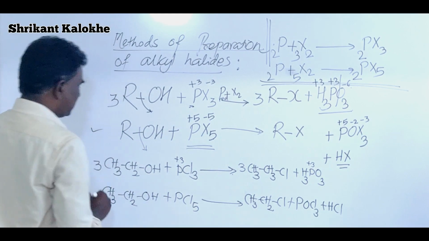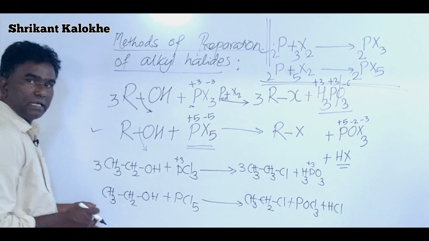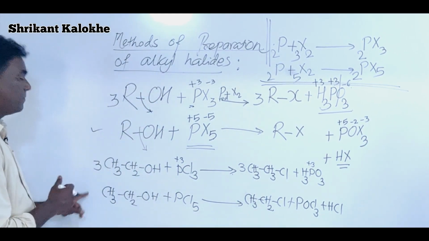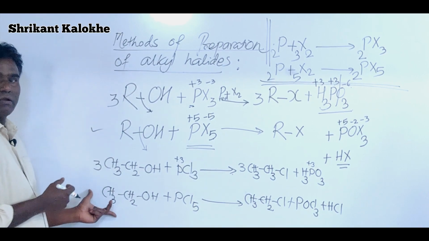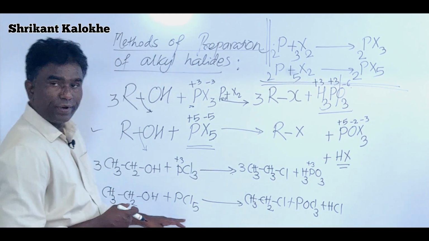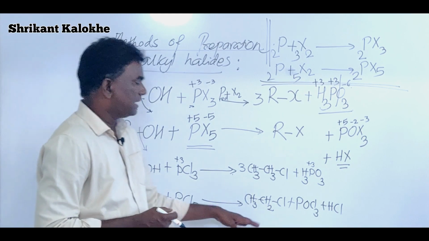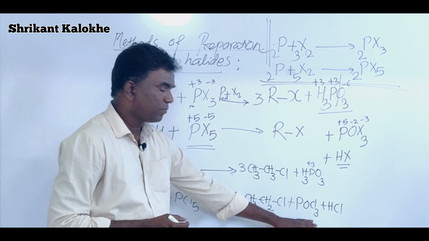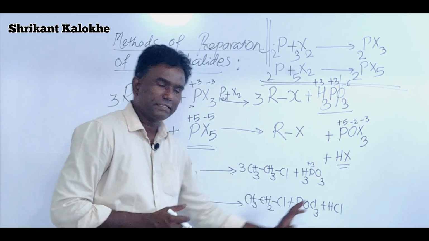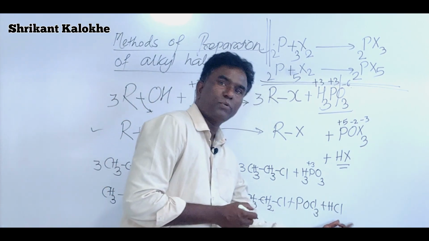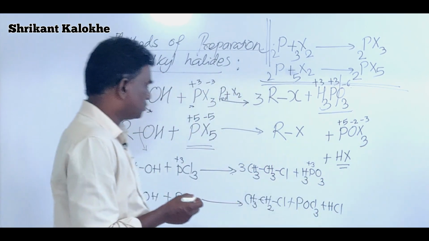In this way, that reaction will balance in a simple manner without giving any coefficient. 1 molecule of ethyl alcohol will react with 1 molecule of phosphorus chloride, and it will give ethyl chloride, phosphoryl chloride and HCl. These are the gaseous products that will evolve during the course of the reaction.